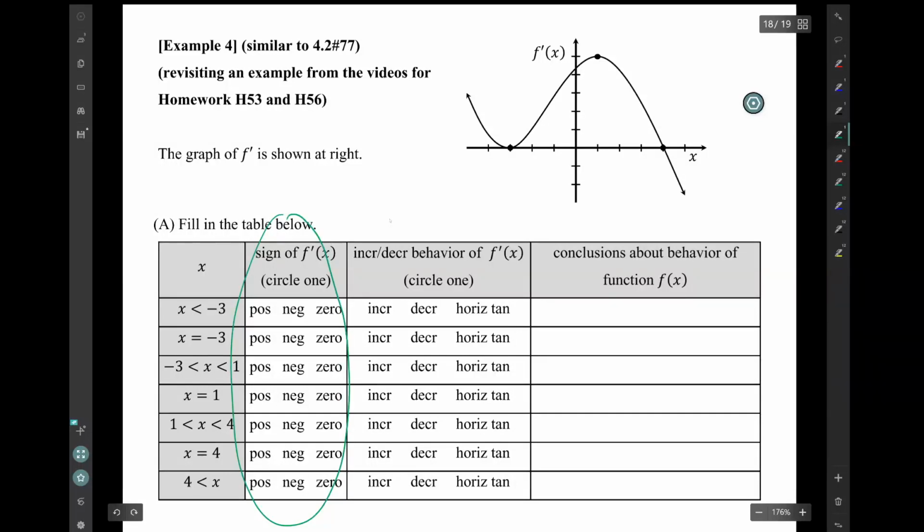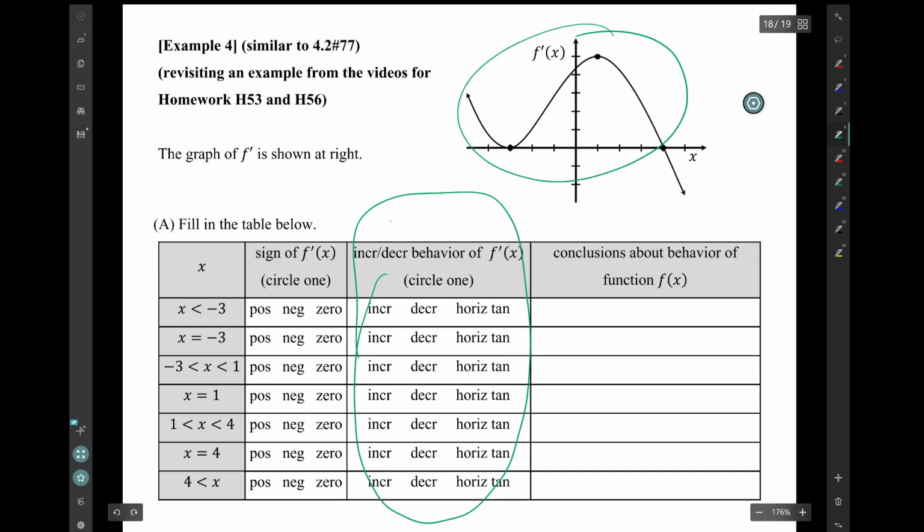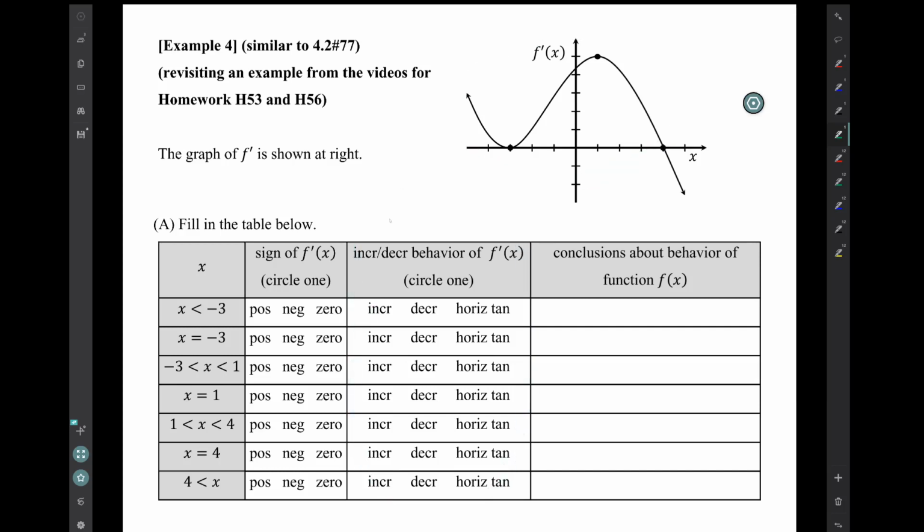So we want to also scrutinize f prime's graph to think about where f prime is increasing or decreasing. In these cells, we're going to be scrutinizing this given graph of f prime to figure out where it's positive and negative and 0. And in these cells, we're going to be scrutinizing the given graph of f prime to figure out where it's increasing or decreasing. Notice, first of all, at these 2 points, x equals negative 3 and x equals 4, f prime is 0.